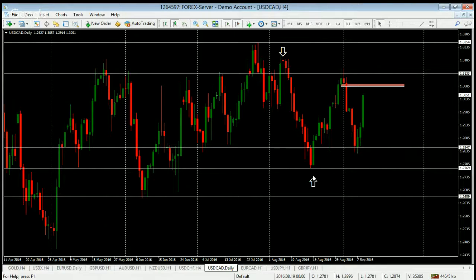I'll go up, and this swing here, yeah. So this is a swing leg, and you can see obviously this line, the 1.3133 level, has been holding price. You can see it here, you can see it here, you can see something happening here, and you can see it here.